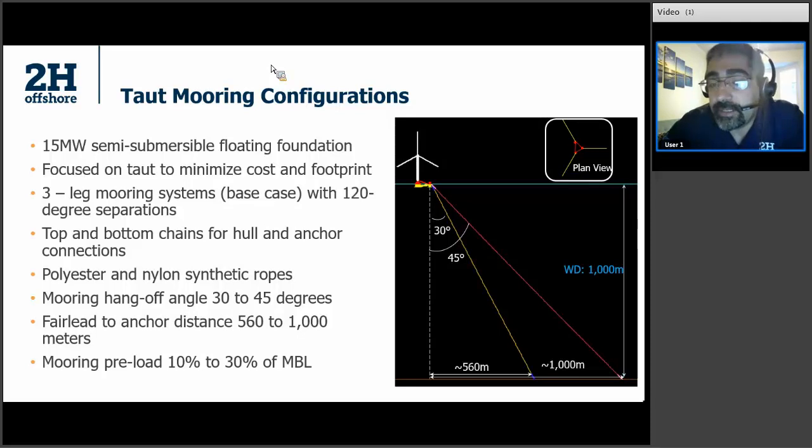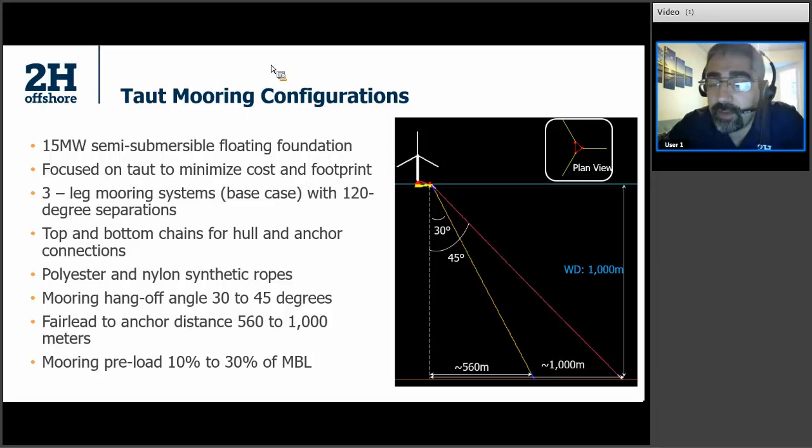And increasing the hang-off angle more than 45 degrees to, let's say, 60 degrees, it will double the footprint range to close to 2,000 meters. Even though it is helpful for the mooring design, with the 60 degree angle you get more lateral restoring force with the same mooring tension.